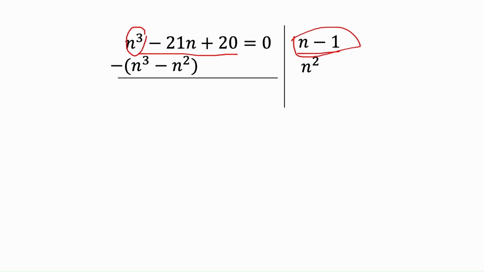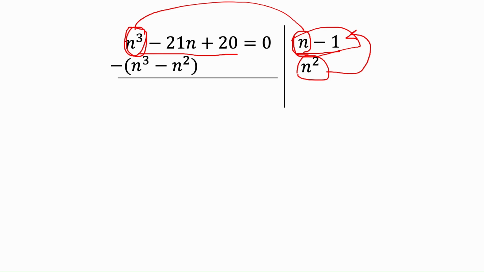So in the left part, we have n cubed, and in the right part, we have n. How are we going to make n cubed from n? We can multiply by n squared. So let's multiply n squared to this part. So we will have n cubed minus n squared.